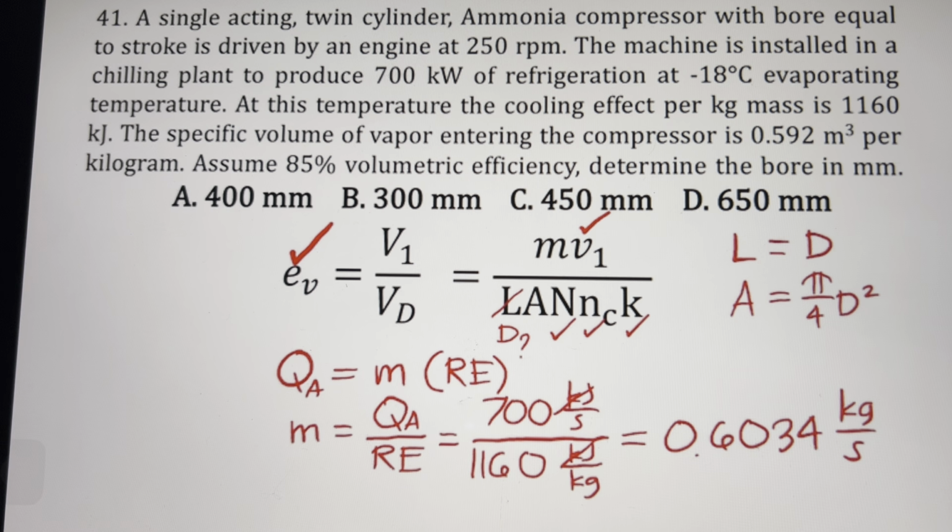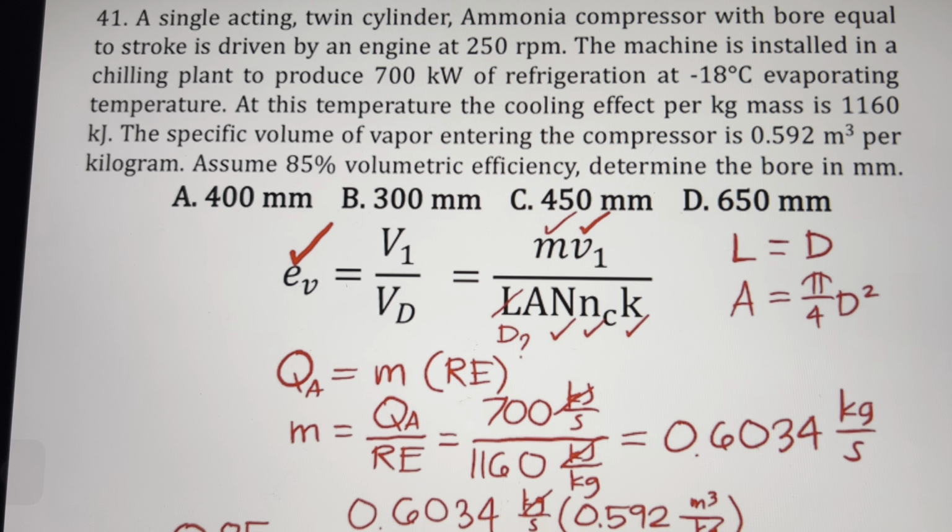Our EV is 85% or 0.85, equal to, for our numerator, mass, which is 0.6034 kilograms per second, and our specific volume, 0.592 cubic meter per kilogram, divided by our length, which is also the diameter, times area, which is equivalent to pi over 4 diameter squared.